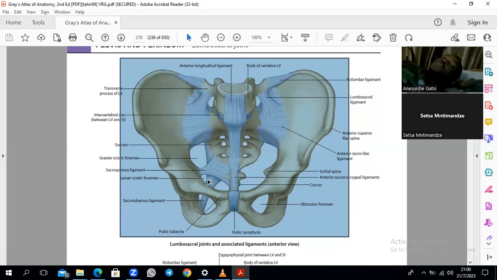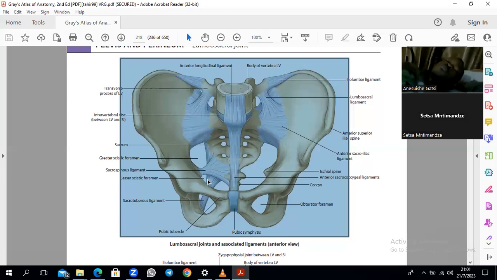Right. It would be very, very good if you remember the things that pass through these two foramina. I know greater sciatic foramen has more than 10 things passing through it. So it may be hard to teach that one, but lesser sciatic foramen has 4 things that pass through. And here's how I want you to remember. For posterior pelvic wall, remember I said there's a muscle, the piriformis.